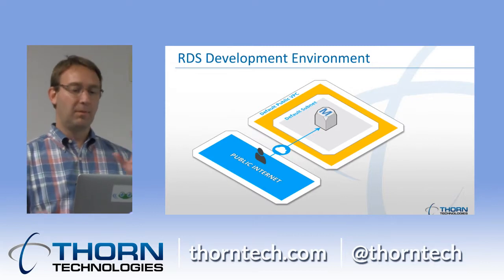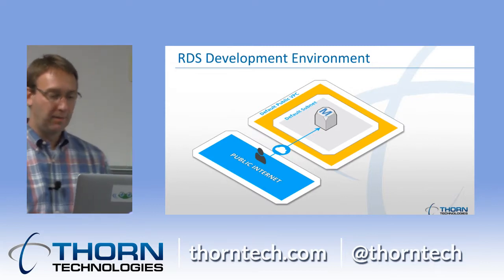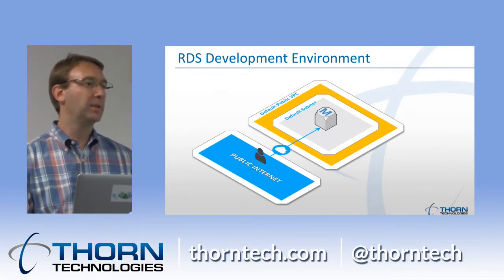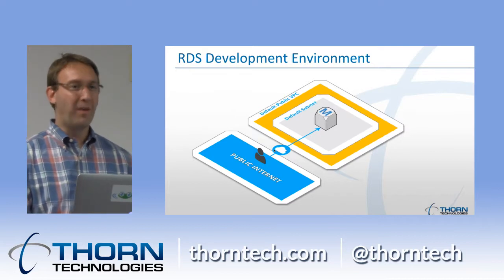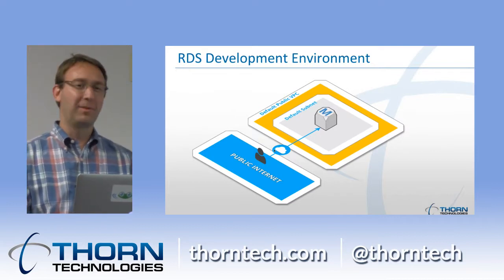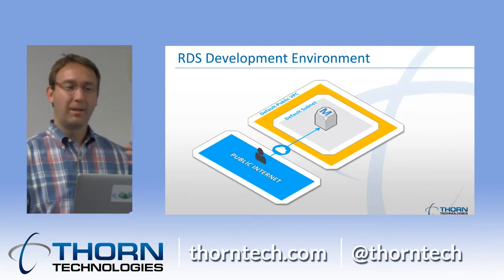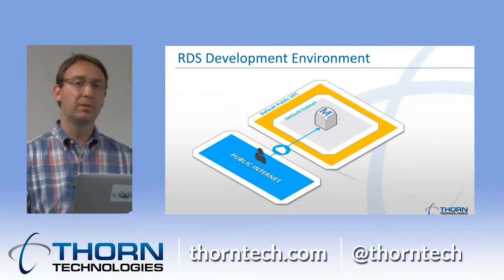As you can see, this M block is the icon for our MySQL database that we just launched. It's connected to the public internet, which for development is fine. But in production environments, it's obviously not what you would want. And we're going to get into that in a few minutes, too, about how to really deploy this for production environments as well.